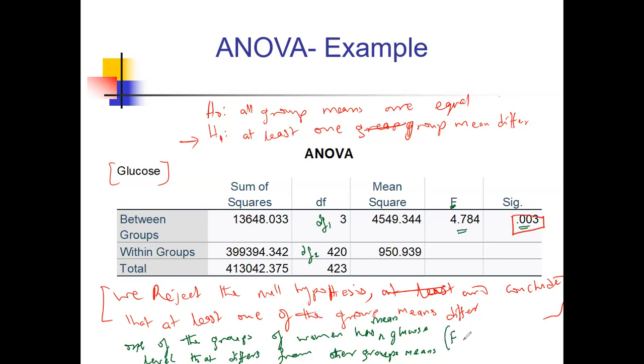Right, your F statistic, parenthesis open, degree of freedom 1, which is 3, degree of freedom 2, which is 420, parenthesis close, is equal to your F statistic, which in this case is 4.784, right? After you've written that, then you have a semicolon, you write your p-value. The p-value is equal to 0.003, right? Then parenthesis close.